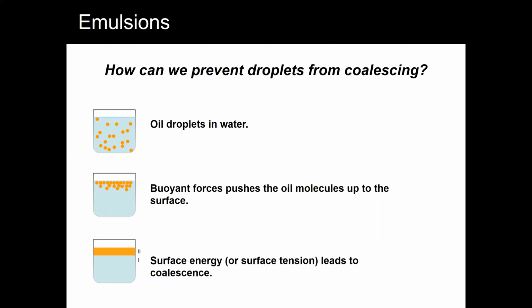Now in a vinaigrette, that's not that critical because you can quickly put it on top of a salad, eat your salad, and move on with your life. But if you're making something that's going to last longer, like a mayonnaise, then you don't want all of the oil droplets to just recombine after an hour. You really want them to stay separated. So what can we do?